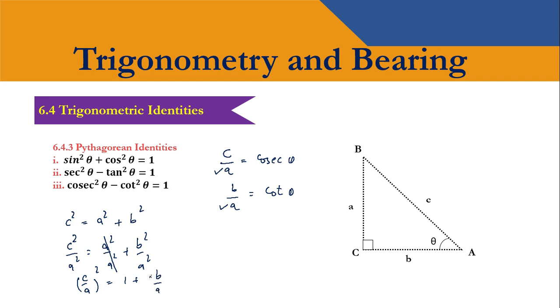Now, as we know, c by a by definition is cosecant theta, so cosecant square theta is equal to 1 plus cot square theta. Rearranging this equation, cosecant square theta minus cot square theta is equal to 1. So the first identity and the third identity are proved here.